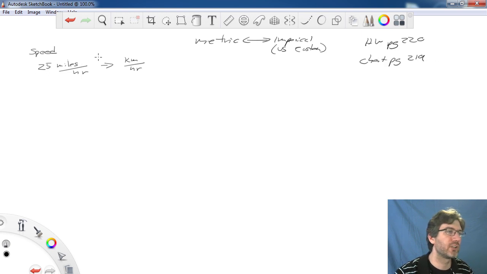So on page 219, in a chart somewhere, it is telling you that 1 mile is equal to 1.61 kilometers. It actually says about. You're going to use this as your ratio. So this little squiggly equal sign means approximately.